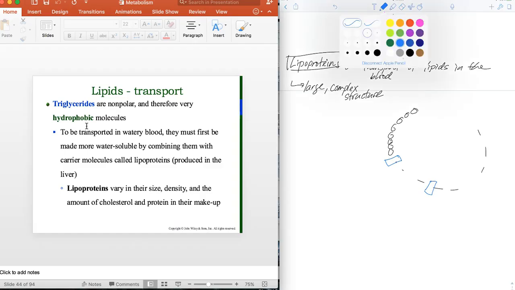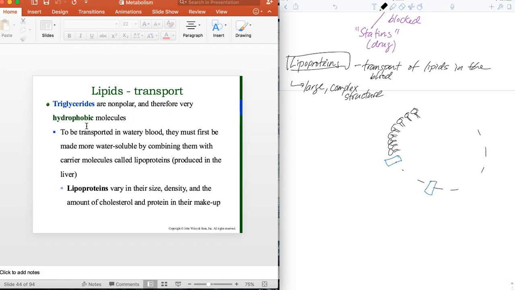And this part of it here that's going around should look familiar to you. These are phospholipids. But it's just a single phospholipid layer, which is interesting.